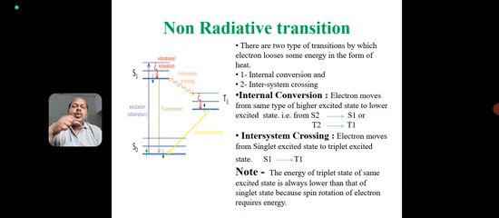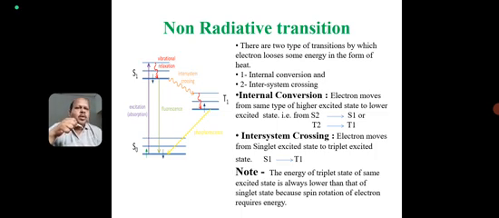There are two types of methods by which it can come back to its ground energy level. One is non-radiative transition. What happens in this non-radiative transition? An electron in a higher excited state first loses a little energy in the form of heat, and it happens by two methods.